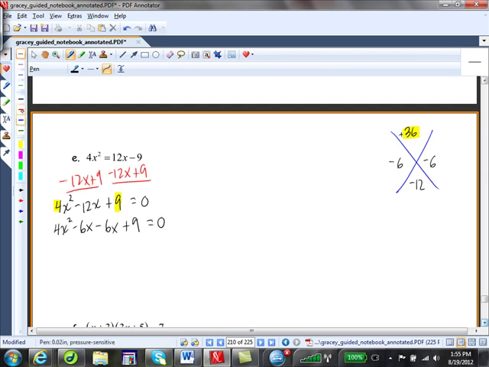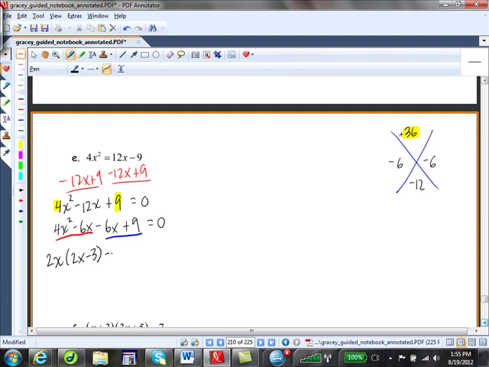And then doing our two groups, we've got our red group and our blue group. So I can factor out a 2x from the red group, and I'm left with 2x minus 3.